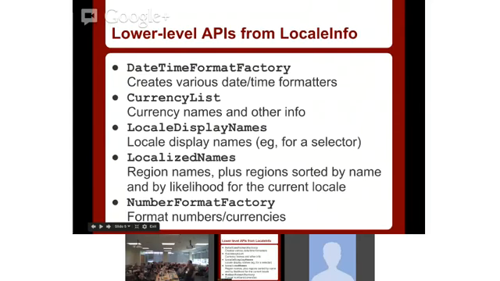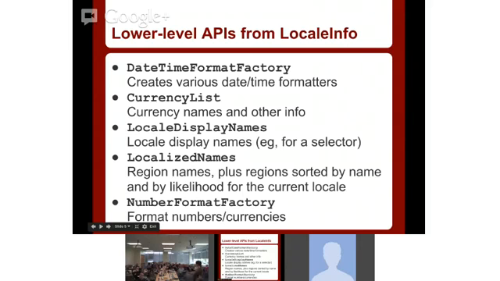The lower level things, so once you have a locale info instance, these are the things you can get specifically about that locale. You can get a datetime format factory, which you can use to generate all the different types of datetime formatters. There's standard ones for if you want whatever that locale's idea of a short date format is, you can get it from the datetime format factory.